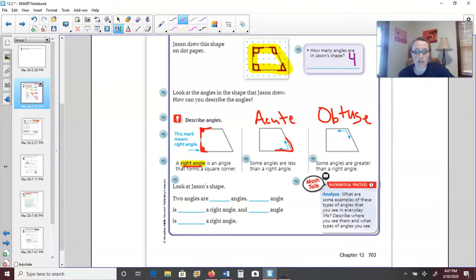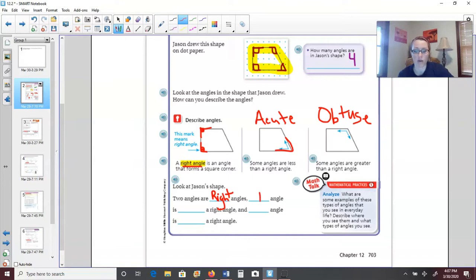So if we look at Jason's shape, it says 2 angles are blank. Well, we looked and saw that 2 angles are right angles. So they want us to write the word right. Those are homophones. And blank angle is a right angle. Oh, I was confused for a second.